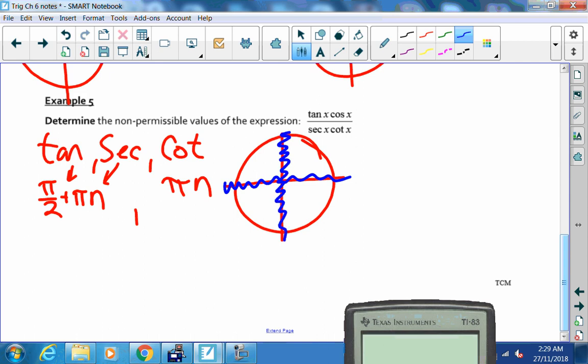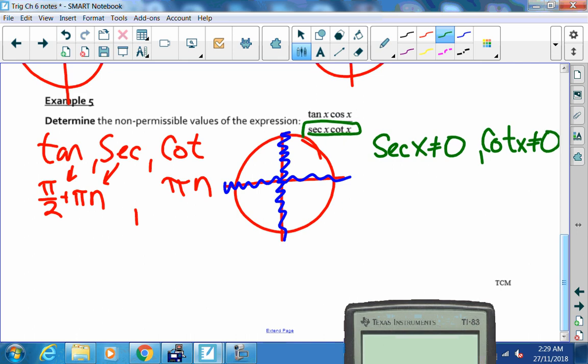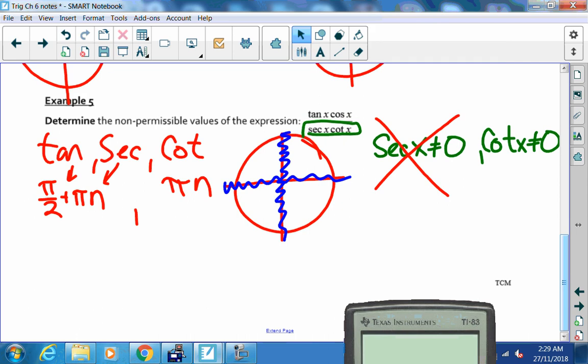Now I have to look at my situational ones. Because there's a denominator, secant x cannot equal 0, and cotan x cannot equal 0. Now, secant x is never 0. That does not happen, so you don't need to worry about it.